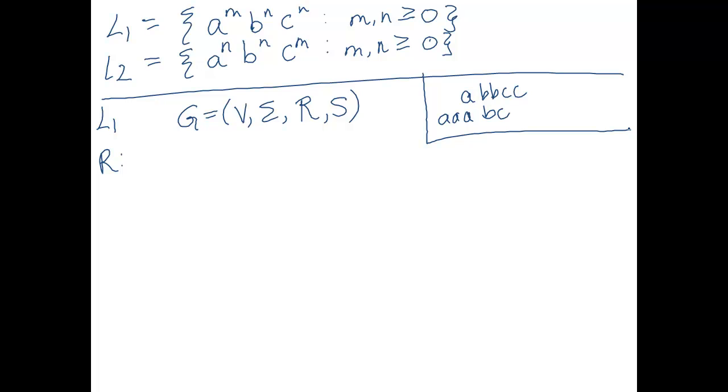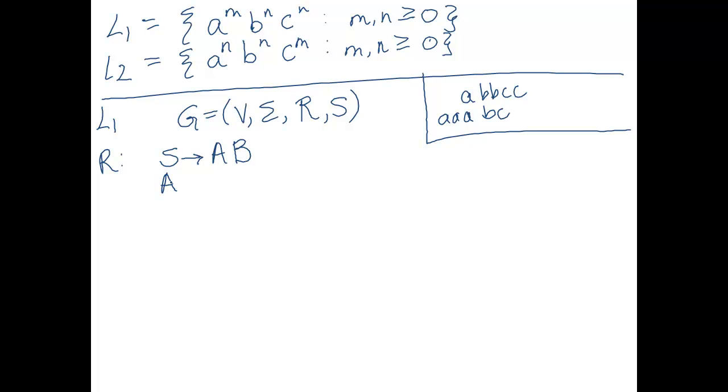Okay, so let's start off with our start variable S. And let's produce the a's separately, and let's make a variable that will produce b's and c's in pairs. Okay, so that's one rule. We're going to create the prefix of a's and a suffix of pairs of b's and c's.